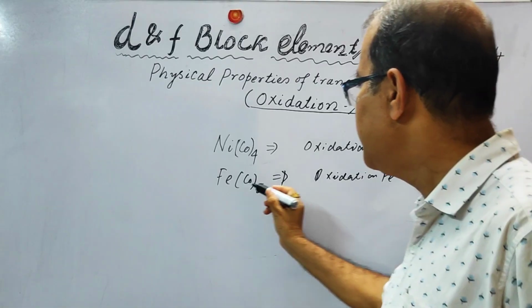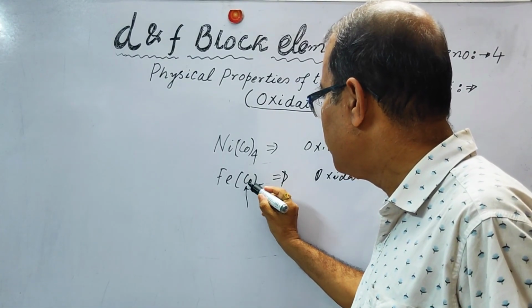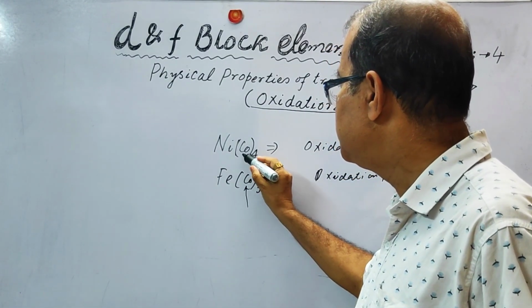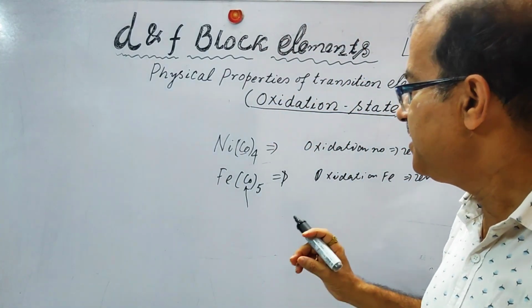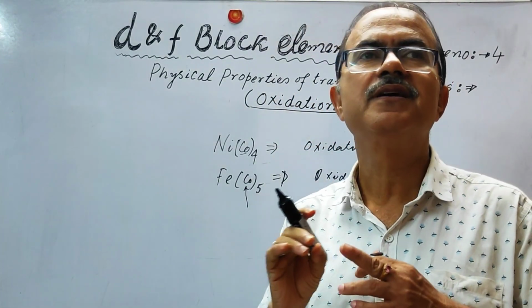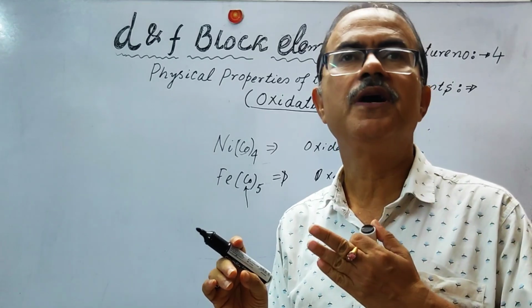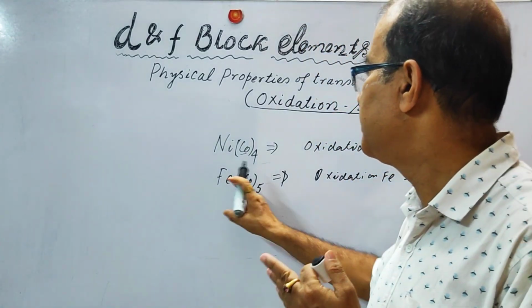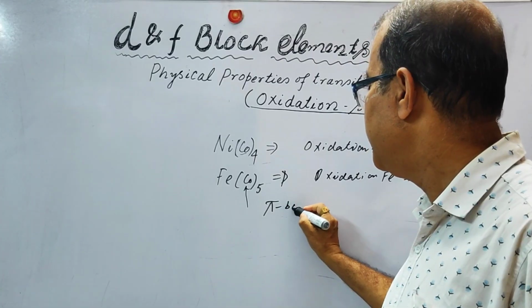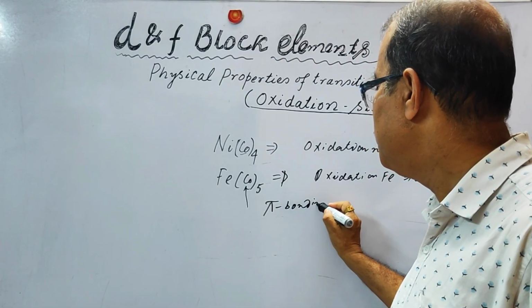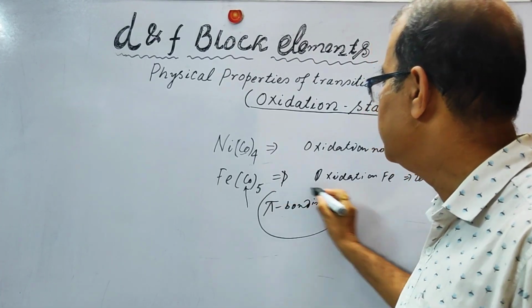Here you can see this is carbon monoxide, CO, which is called the ligand. The ligand accepts electrons from the metal by pi bonding, and that is why it shows the 0 oxidation state.